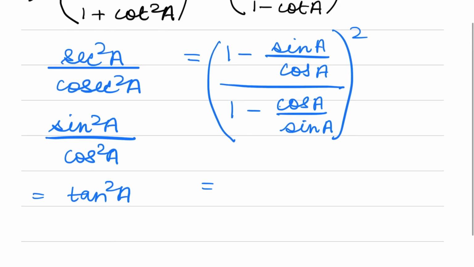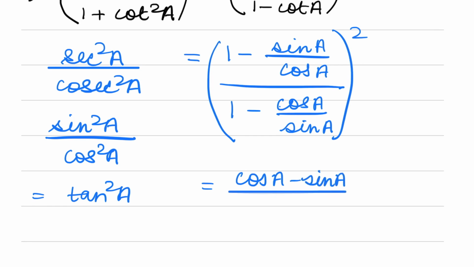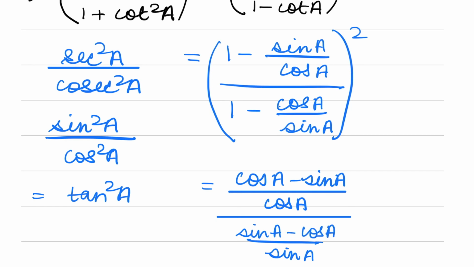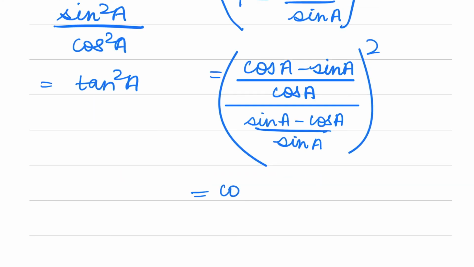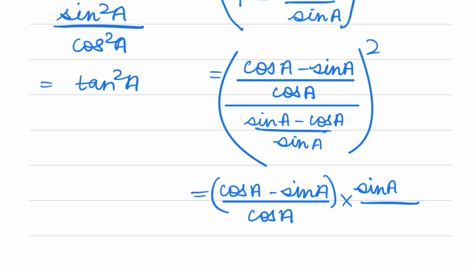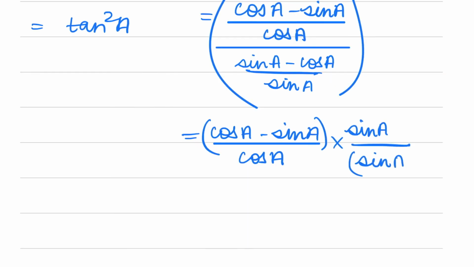This is equal to cos A minus sin A, so this is for the numerator, and denominator cos A, as that is the LCM, and in the denominator the LCM is sin A, and we have sin A minus cos A. This whole square, and this will be equal to cos A minus sin A divided by cos A and multiplied by sin A divided by sin A minus cos A, this whole square.